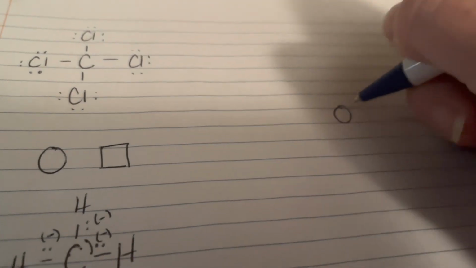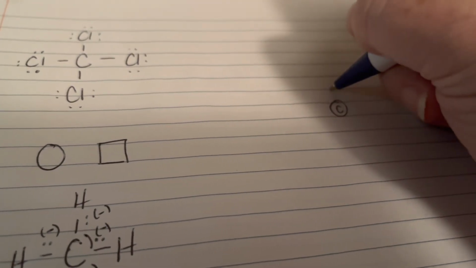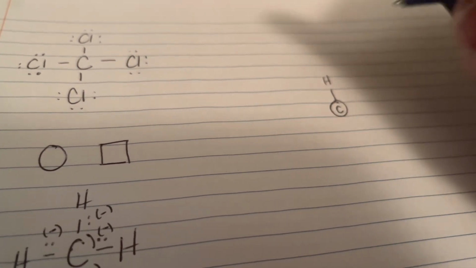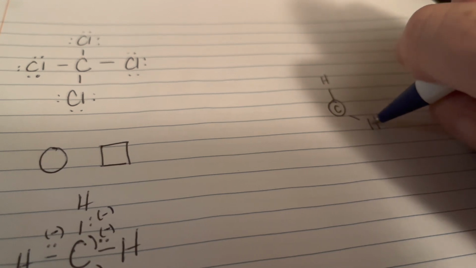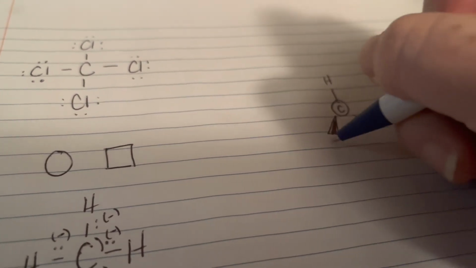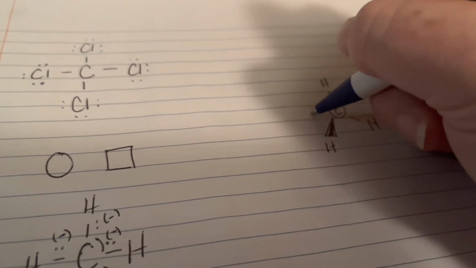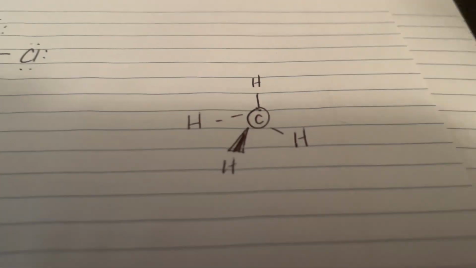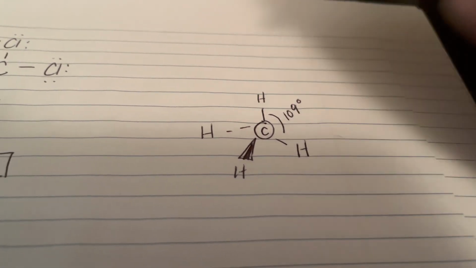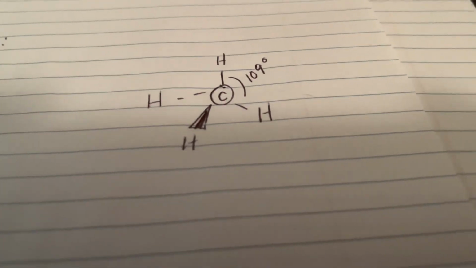So it's actually going to be, okay, hydrogen. Okay, so it's actually going to be a tetrahedral with the angles, instead of being 90, the angles are going to be 109 degrees because they want to be further apart.